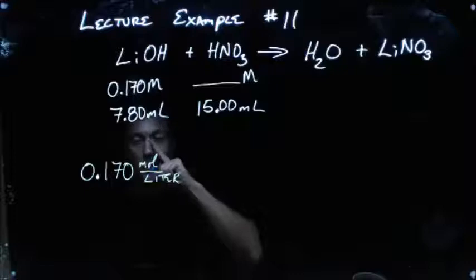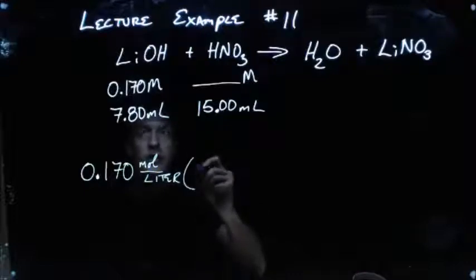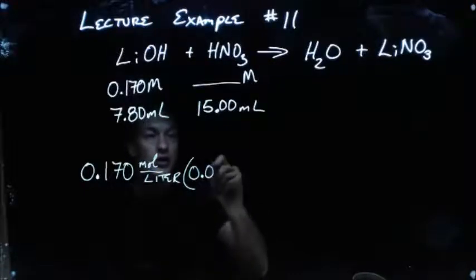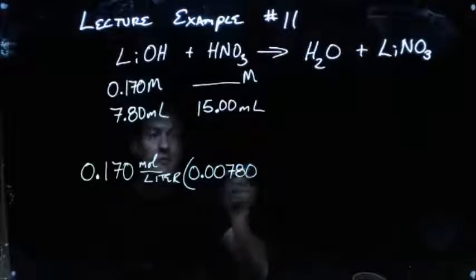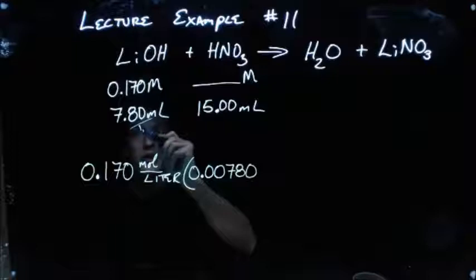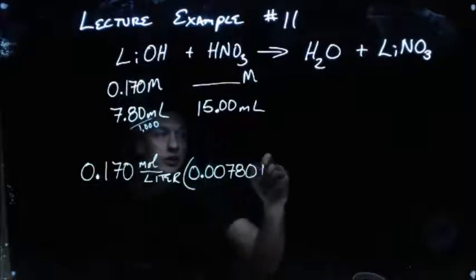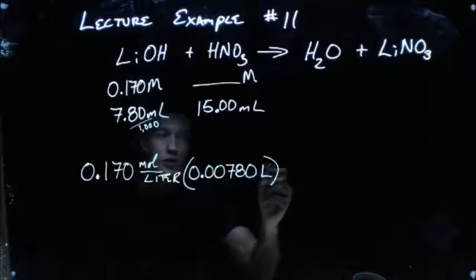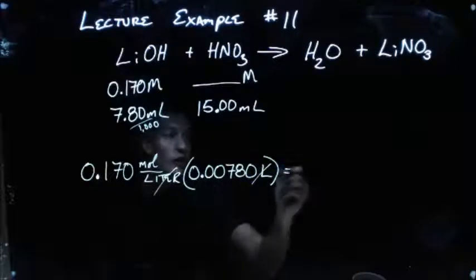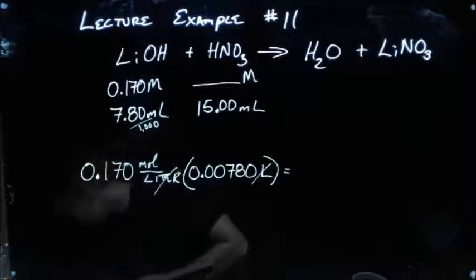So if I multiply that by the number of liters, 0.00780, right? This number divided by 1,000 to make it into liters, then the liters are going to cancel.